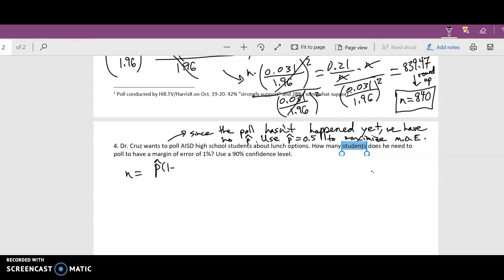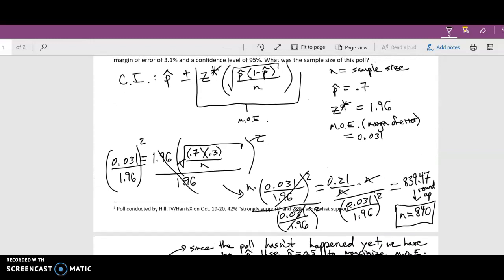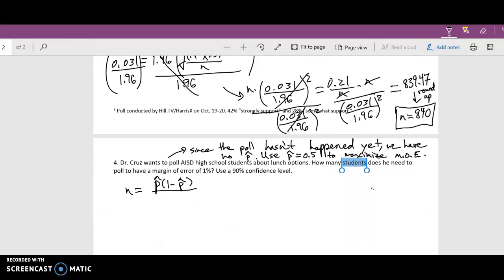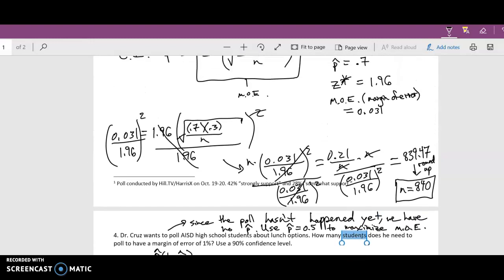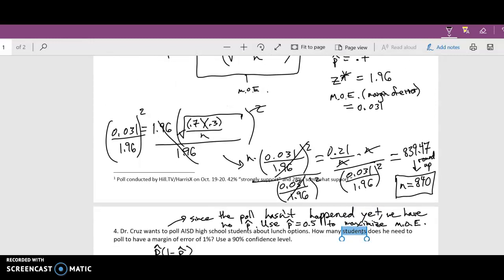So this is our formula. What I did is I took margin of error equals this, and I rearranged it to solve for n.